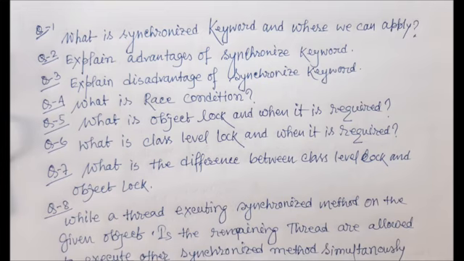When we use the synchronized keyword without static, we go for the object lock. But when we use static synchronized, then we go for the class lock. So, what is the difference between class level lock and object lock? I have discussed that.